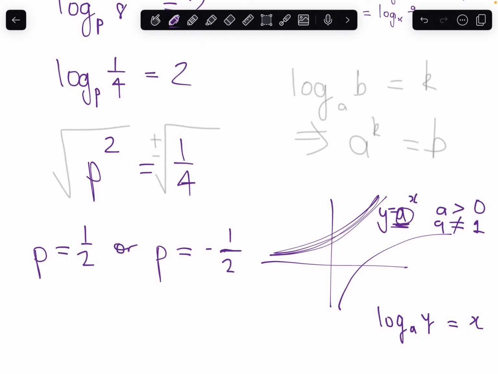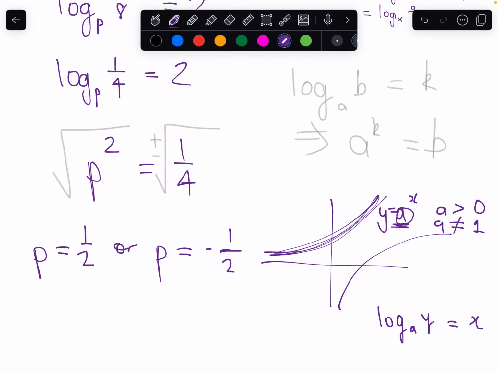Pretty much the reasoning that I was using over here: for these exponential graphs, we specifically talk about the base being positive and not equal to 1. I'm not entirely happy with why. Why can't you log a negative number?